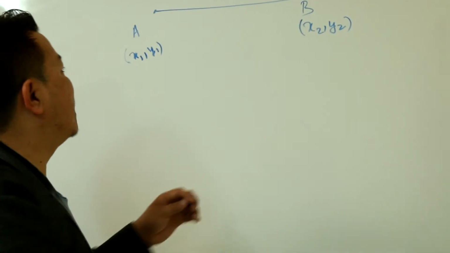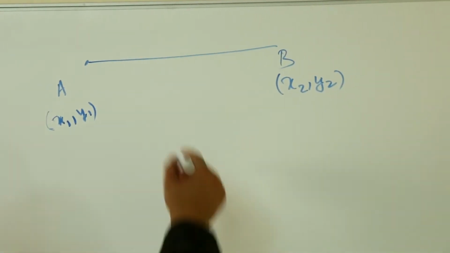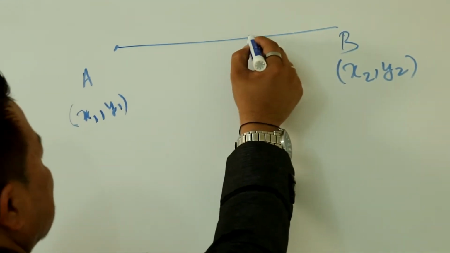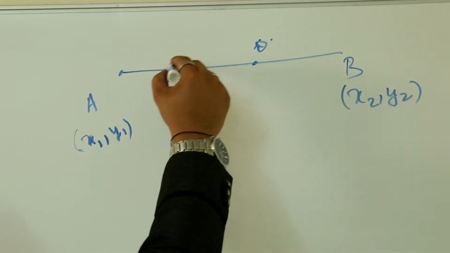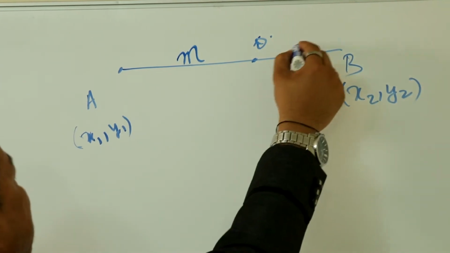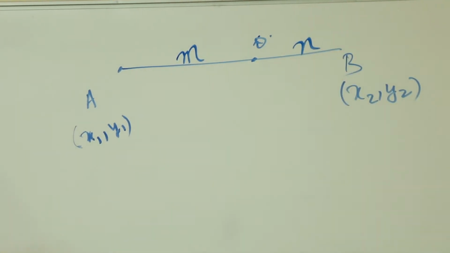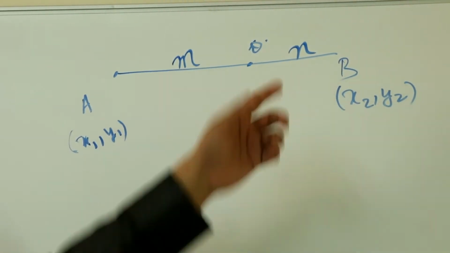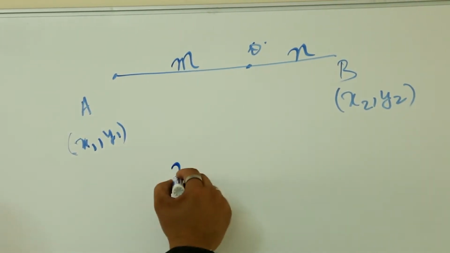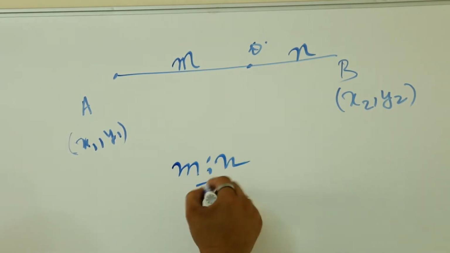This is a line segment, and any point divides it, for example, point D. D divides in the ratio m is to n. Let's suppose it as m is to n. Now this point D divides this line segment AB in the ratio m is to n.